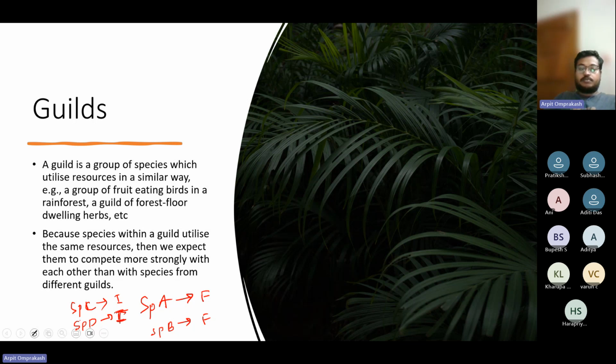Species C and D belong to the same guild. And species A and B will have to compete more strongly with each other compared to species A and species C, let's say. Because species A and B are both utilizing the same resource, which is fruits. And similarly, species C and D compete with each other more compared to any of these species competing with species A or species B. Right.